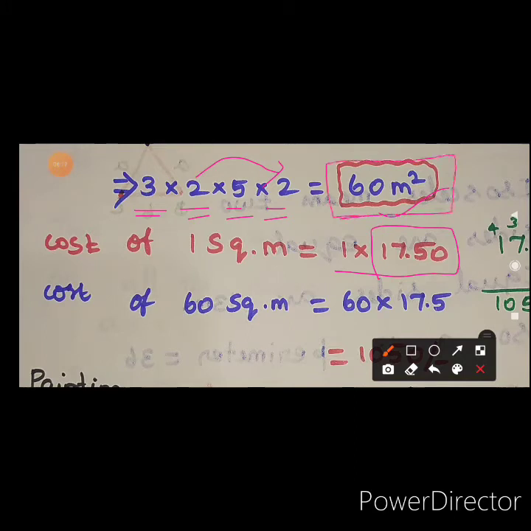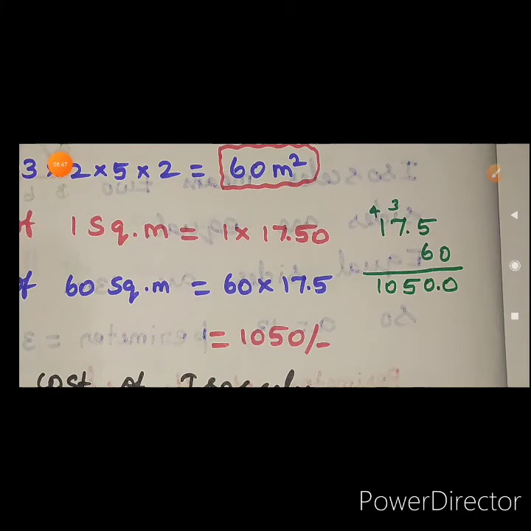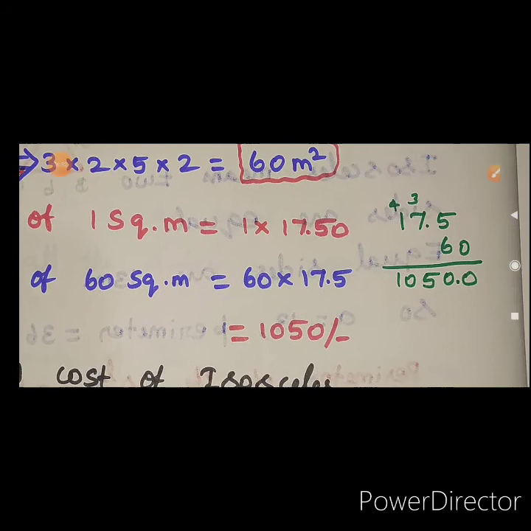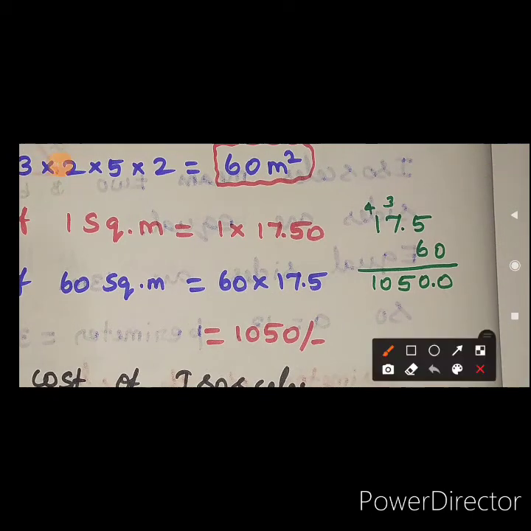So cost of 60 square meter is 60 into 17.50, which is equal to 1050 rupees.